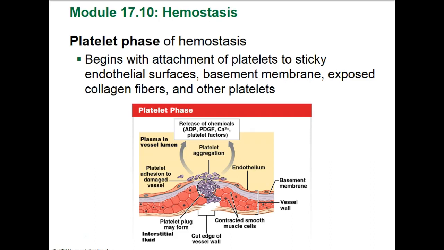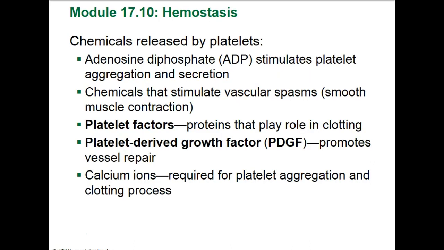Okay, the platelet phase begins with the attachment of the platelets to the sticky endothelial surfaces, the basement membrane, the exposed collagen fibers, and other platelets. The platelets themselves release certain chemicals.